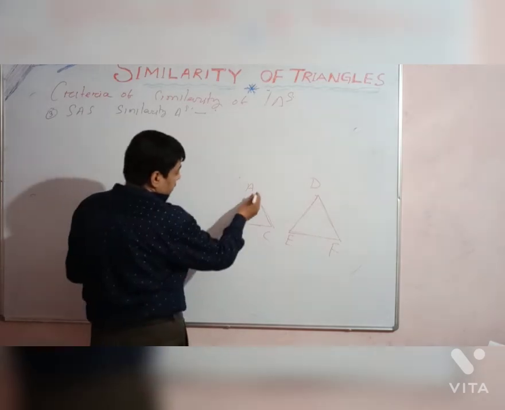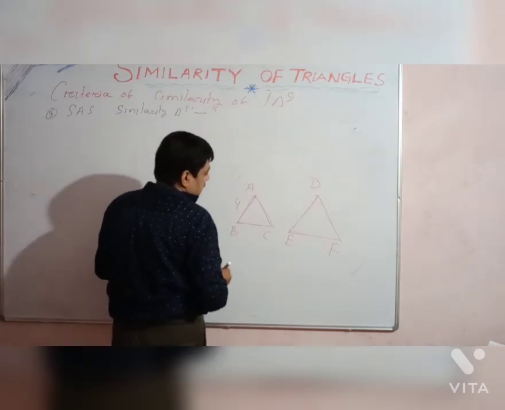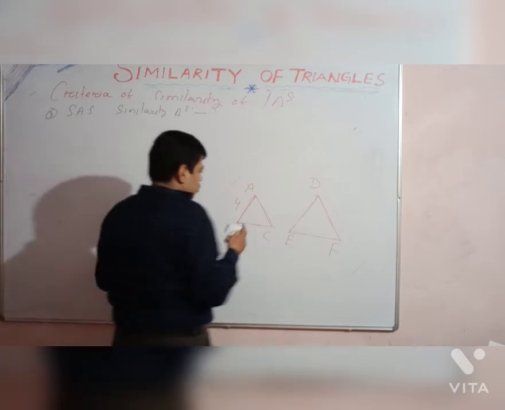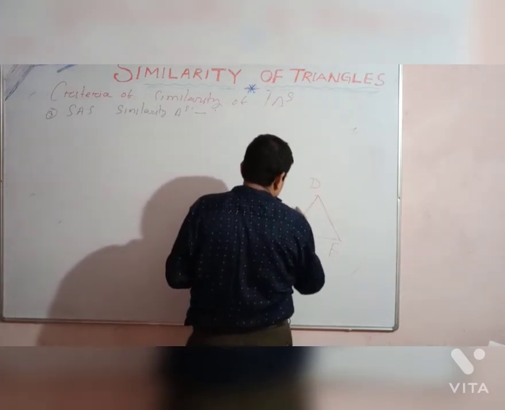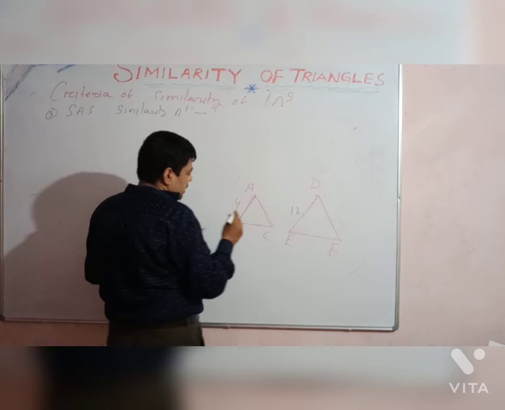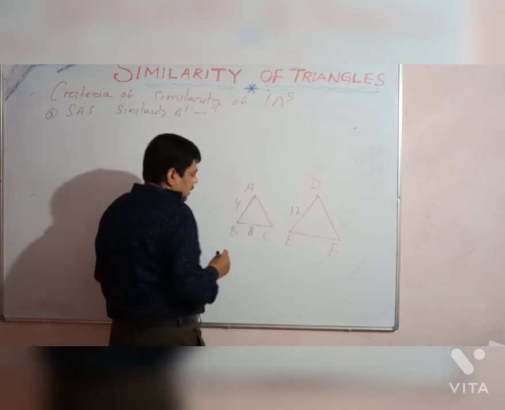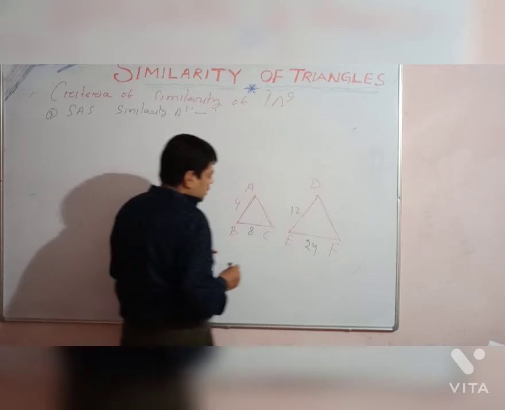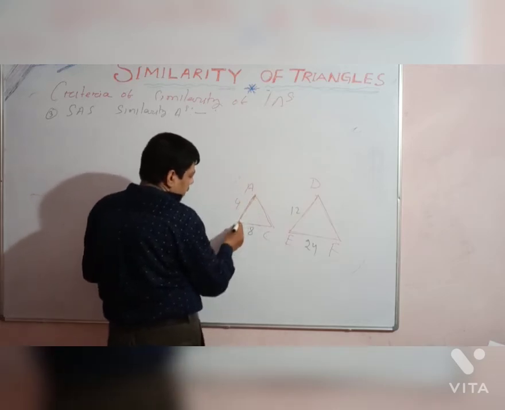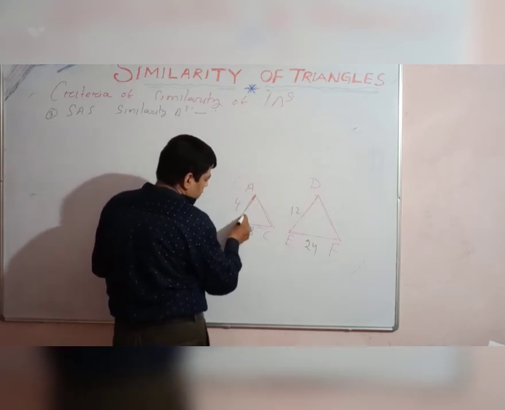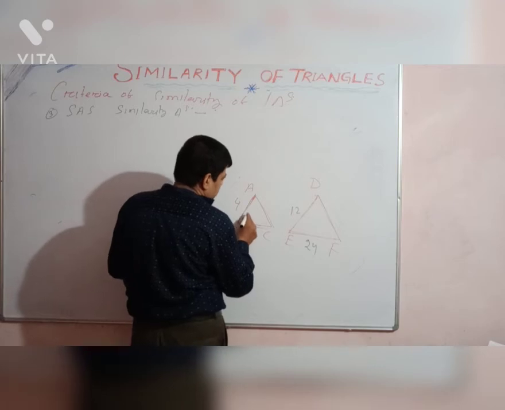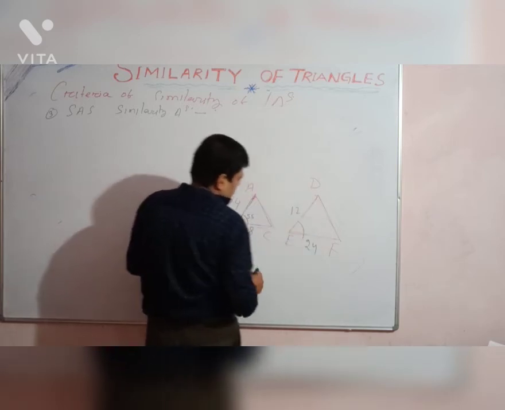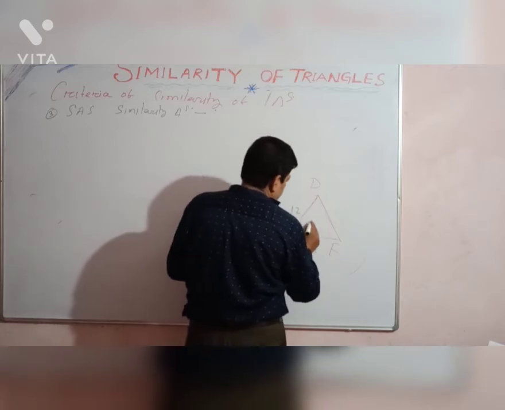Suppose AB side is 4 cm, and DE side is 12 cm. Here BC side is 8 cm, and EF side is 24 cm. Yes or no? And for sides AB and BC, what is the including angle? B angle. Suppose B angle is 55 degrees, and for DE and EF sides, what is the including angle? E angle is also 55 degrees.